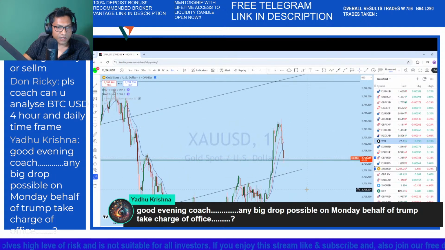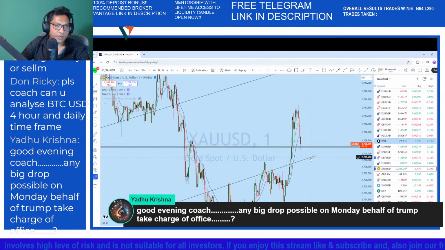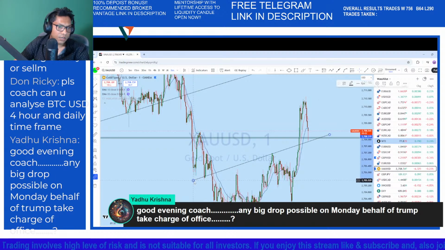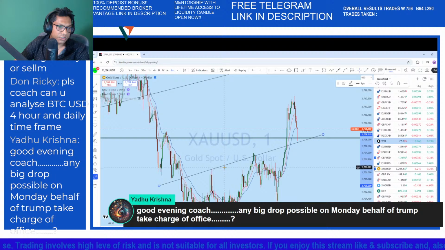As the market comes here to the support level, this is where also there is a neckline of this previous support and resistance.